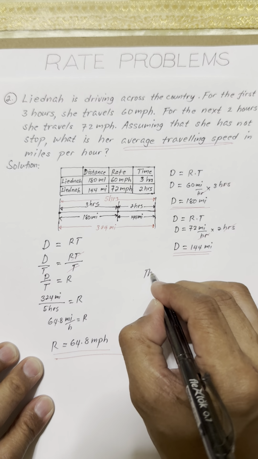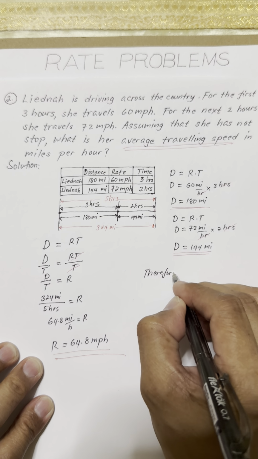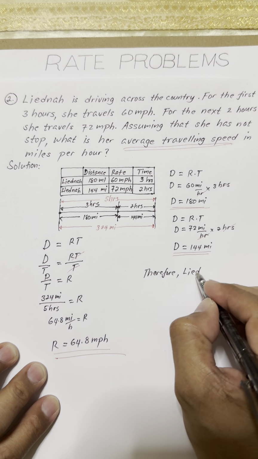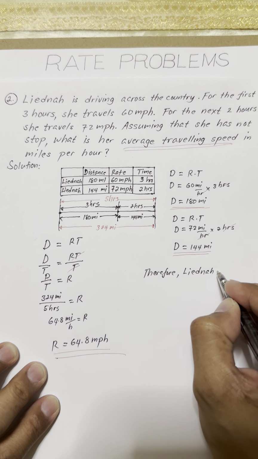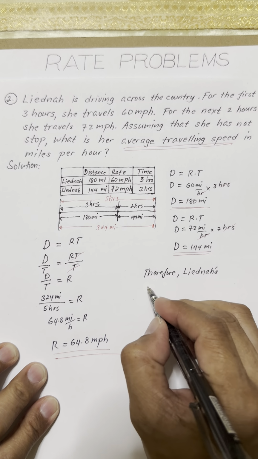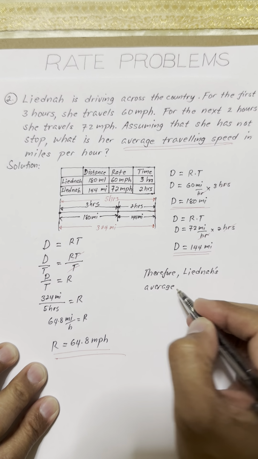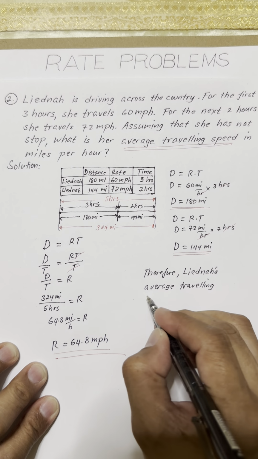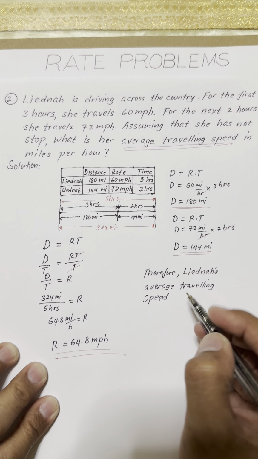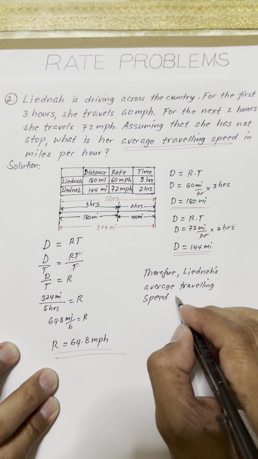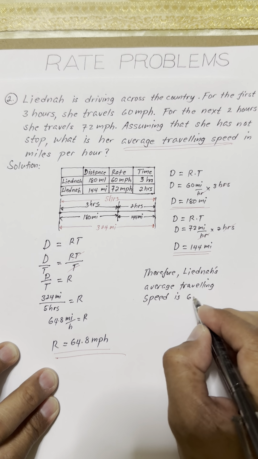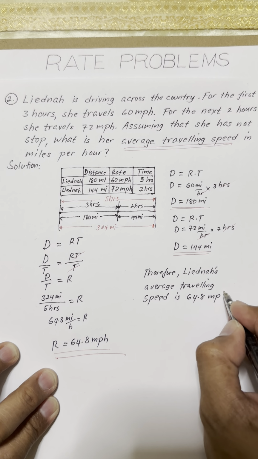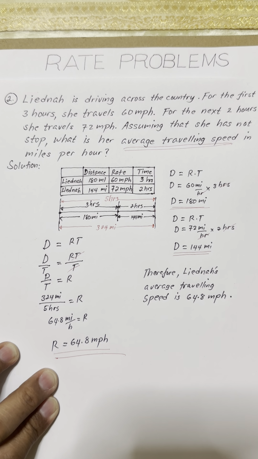Therefore, Lidna's average traveling speed, or traveling rate, is 64.8 miles per hour. Okay, so this is our final answer.